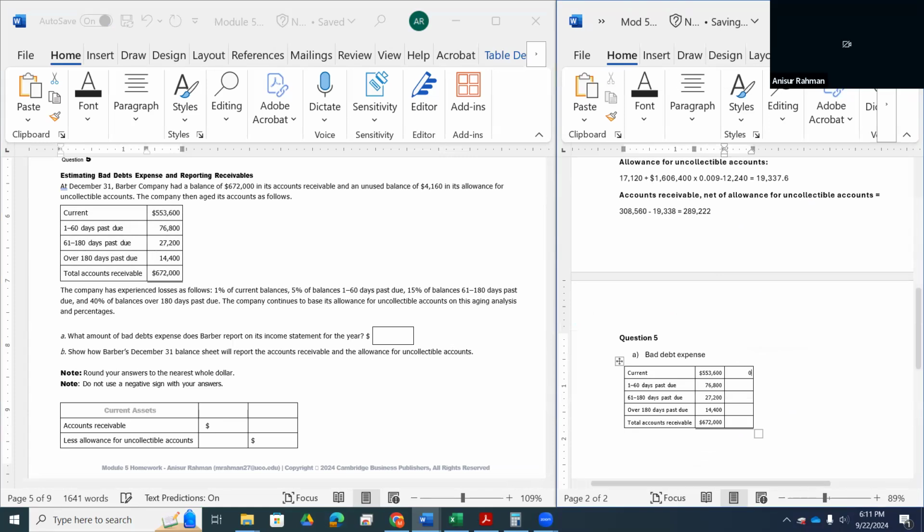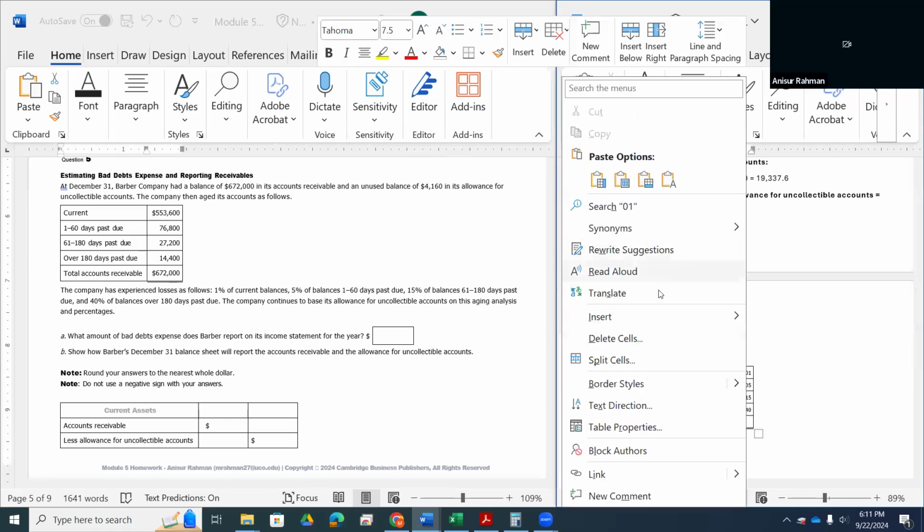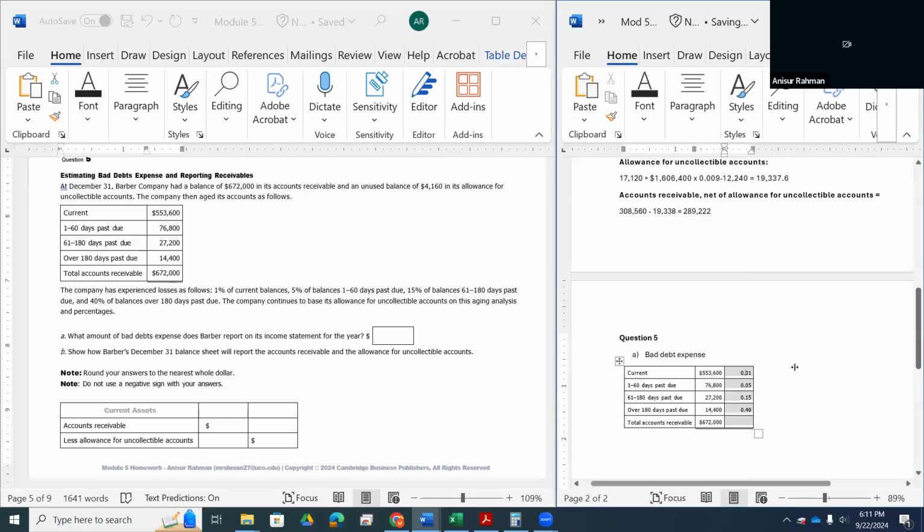So this is 1%. This is 5%. This is 15%. This is 40%. So I'll multiply these to calculate the total to go towards the allowance for uncollectible accounts.